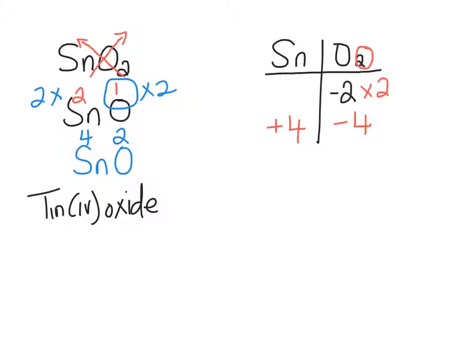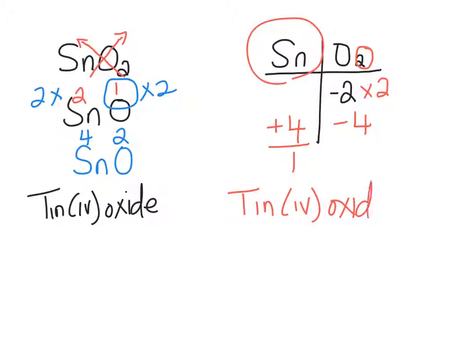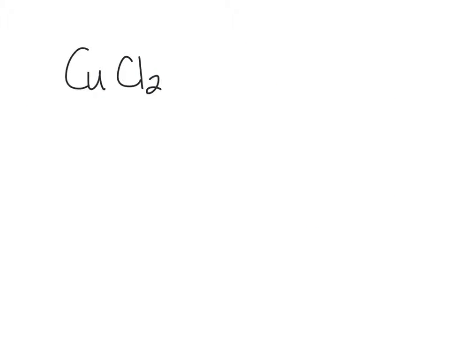We divide it by the number of atoms. Here you can see there's only 1 tin, so if we divide it by 1, that means our tin has a charge of +4. So tin 4 oxide. There's no need to double check anything. Do a couple more examples using zero sum.